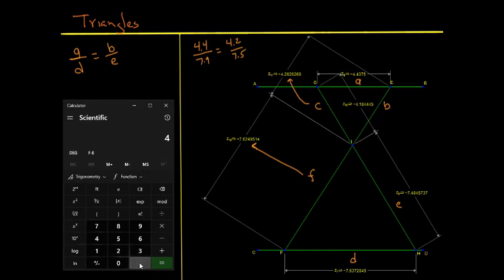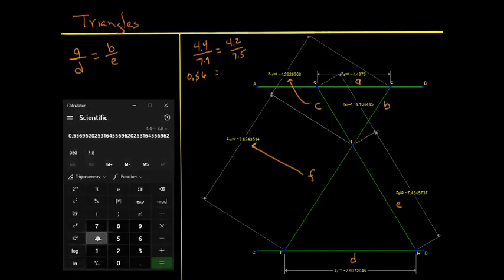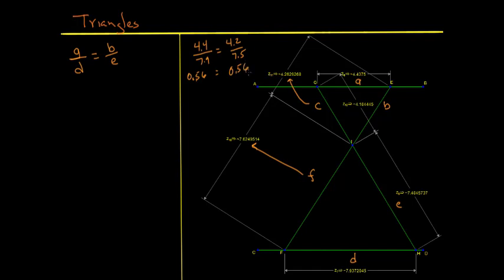So I'm going to take 4.4 divided by 7.9, and I get 0.556. We can round that to 0.56. And 4.2 divided by 7.5 equals 0.56.